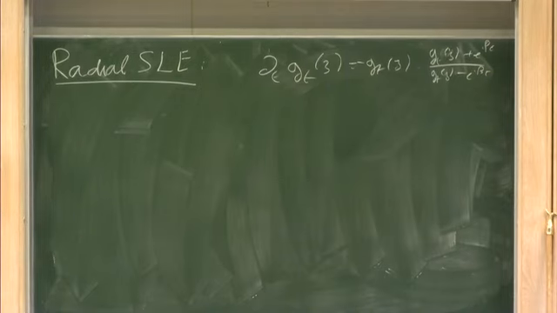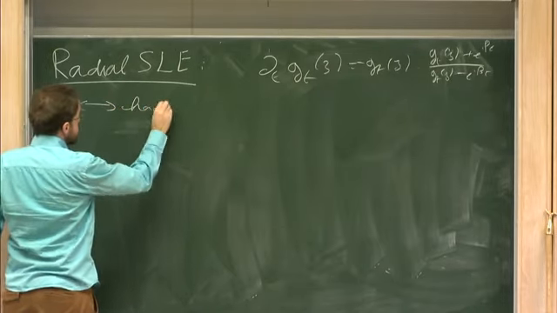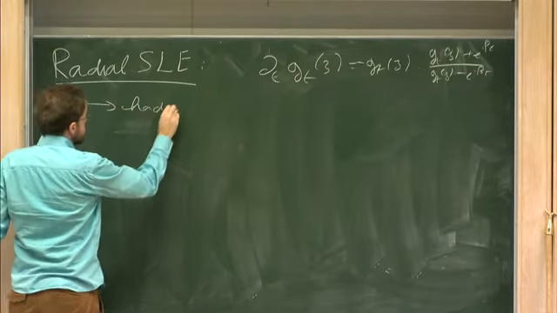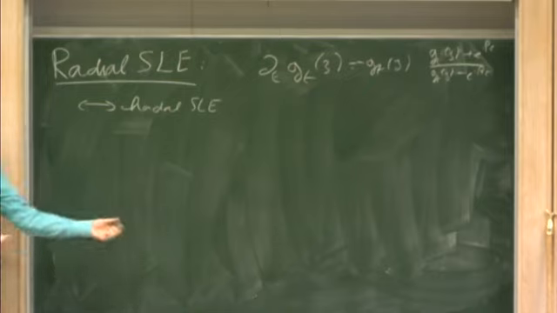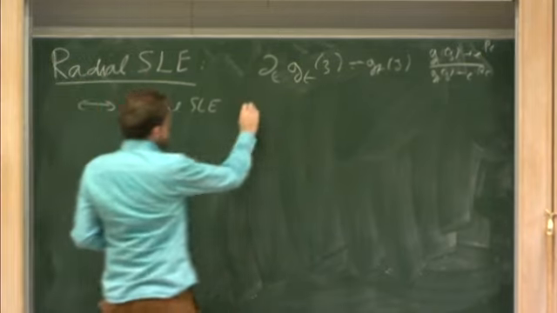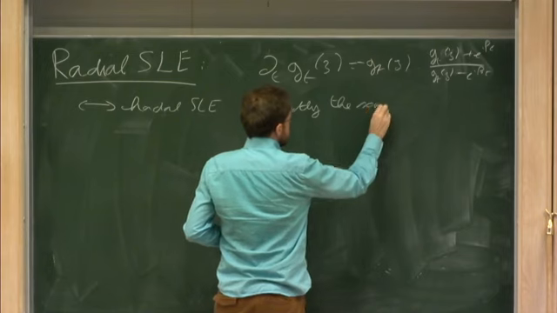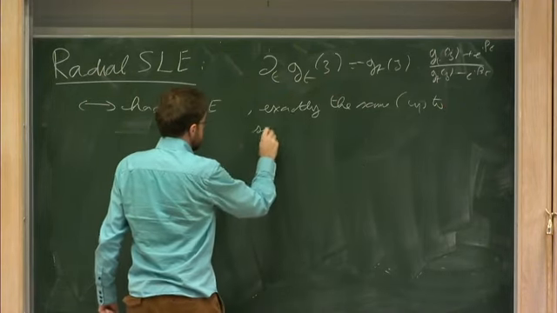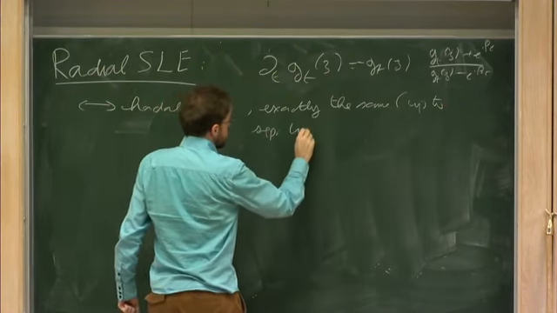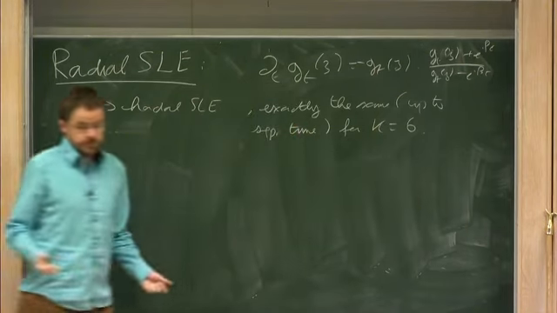Okay, so this is an SLE, and I told you that it's related to the chordal SLE in the sense that they are absolutely continuous with respect to each other as long as it makes sense. And I also said something that comes out of the proof, that they are exactly the same up to the separation time for kappa equal to 6.